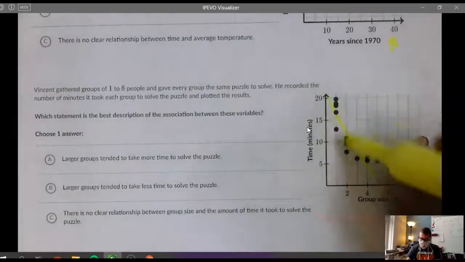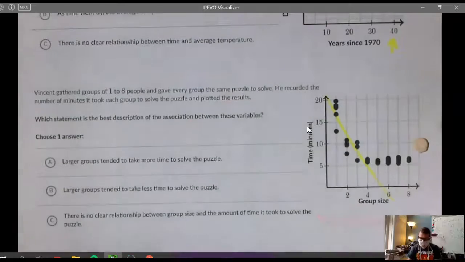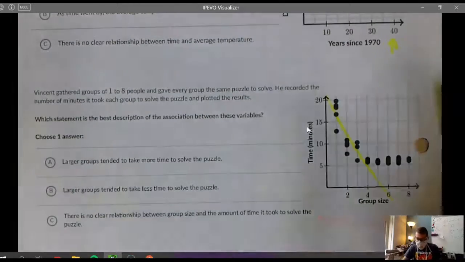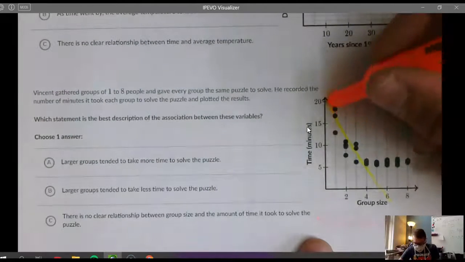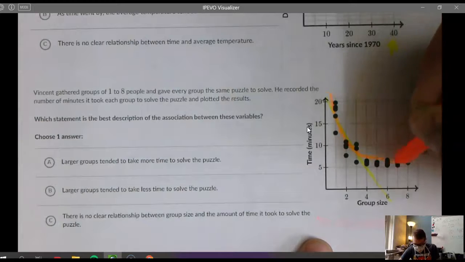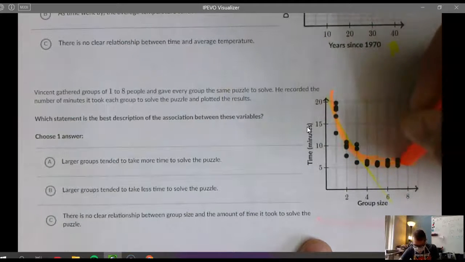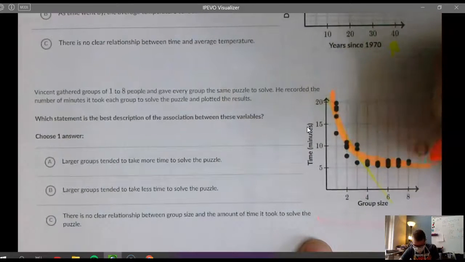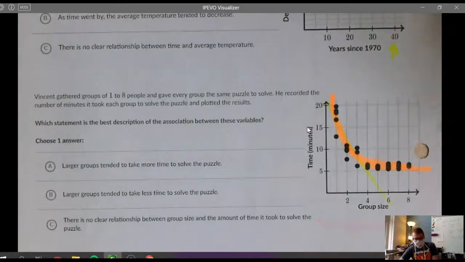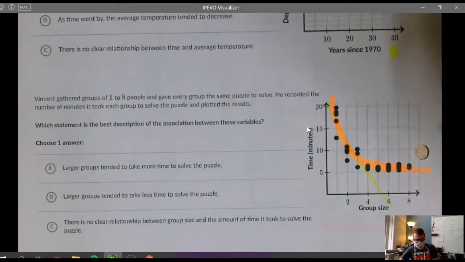Right? So this definitely is not linear. If we try to model it, it is going down, it is decreasing, but then it levels off. There's a clear relationship, but it's not linear. So what is the clear relationship then? Larger groups tend to take less time.